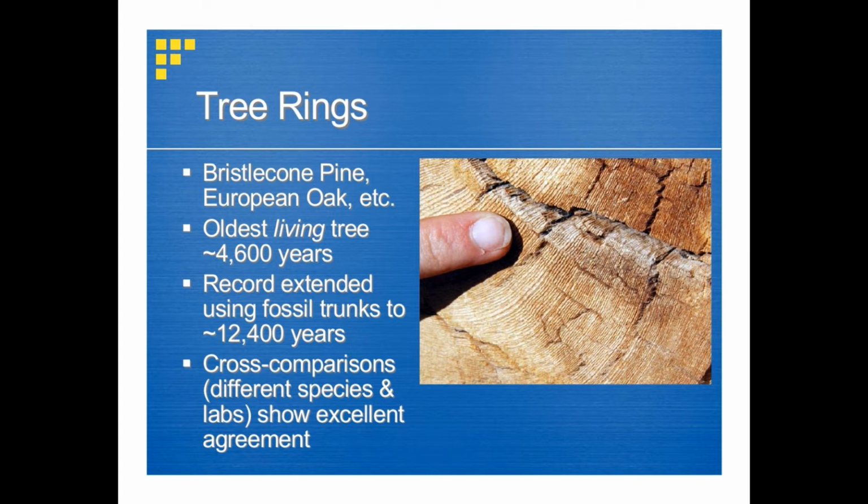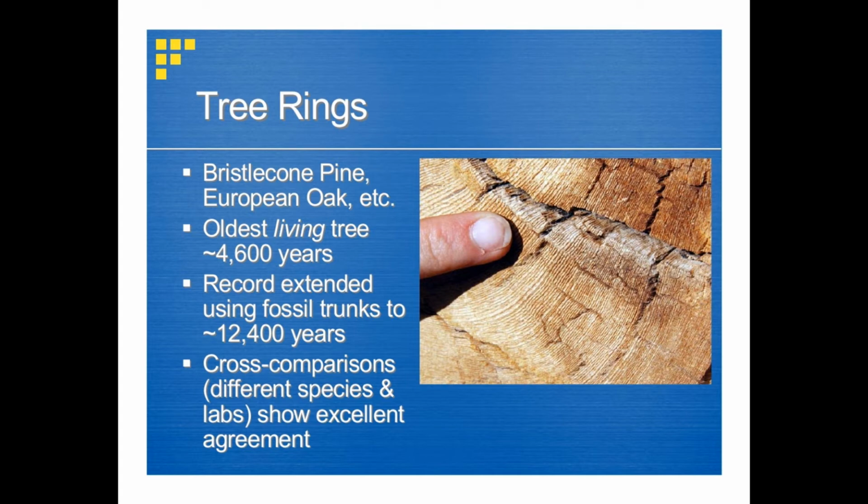But this range has been stretched by using fossil tree trunks and matching the tree rings. What's done is you find years that had unusually wide or unusually narrow bands, and you can match those up with fossil trunks and step the record back. And so now the tree ring record goes back about 12,400 years.